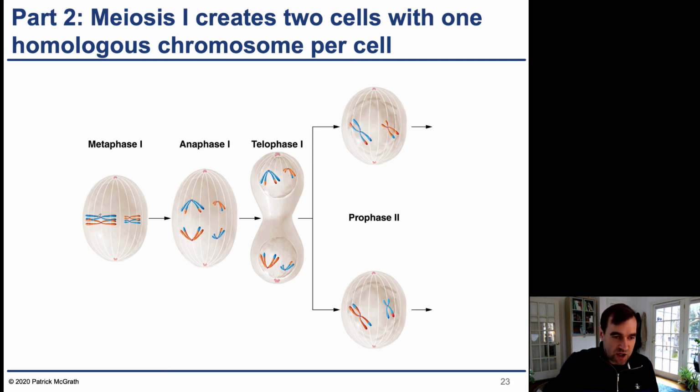But what's important to note in meiosis I is that what separates is not the sister chromatids. Remember, in mitosis the sister chromatids separated. Now what we see are the homologous chromosomes separating, so one homologous chromosome goes to each of the cells.